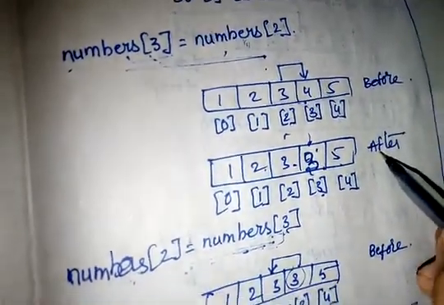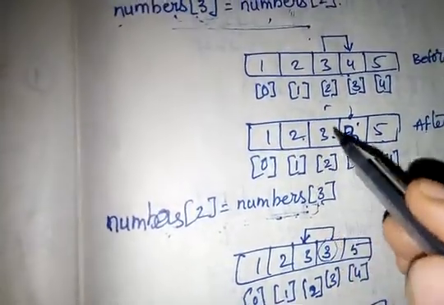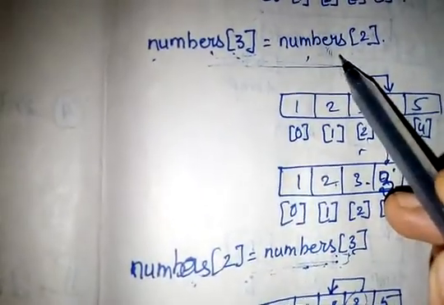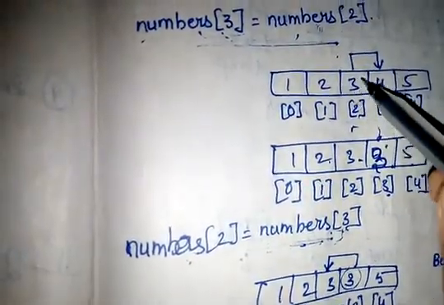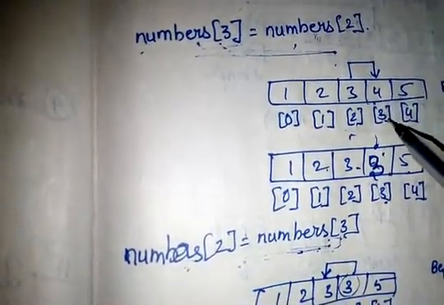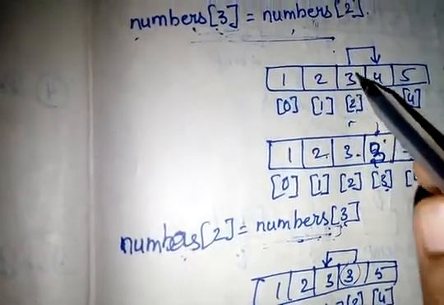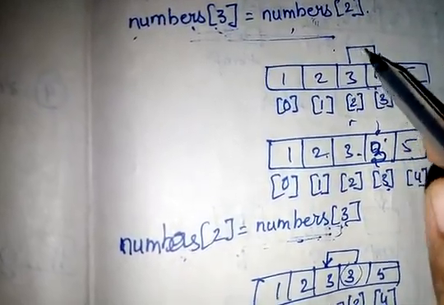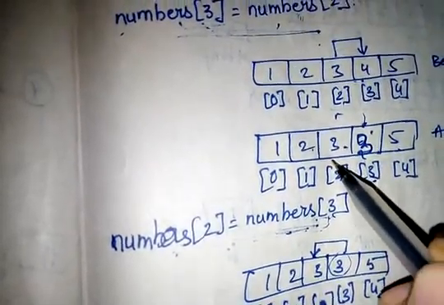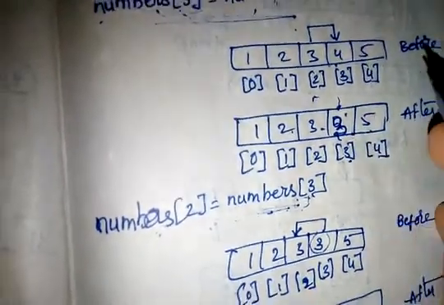After executing numbers of 3 equal to numbers of 2, numbers of 2 has 3, and this 3 will be placed in numbers of 3. So this 3 will be moved to index 3. Index 2 stays the same, and index 3 is replaced with the element 3.